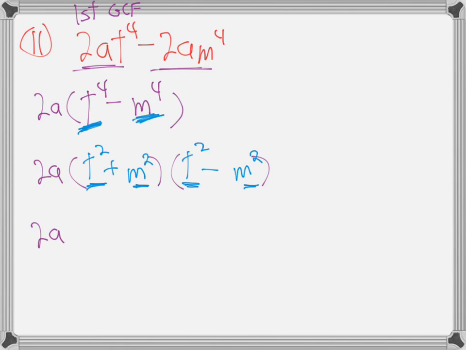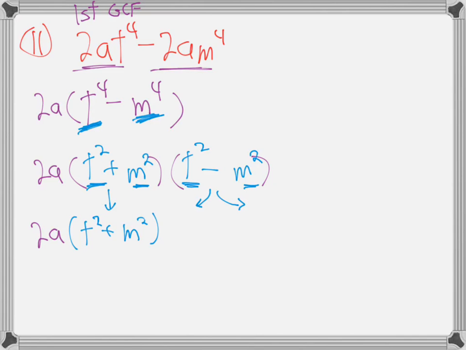there's a couple things I need to tell you. Basically, this guy will not break down further because he has a plus in the middle. I know I haven't told you about that yet. I'll spend some time talking about that. But for now, let me just say, he doesn't do anything else. But this guy will break into 2 parentheses.